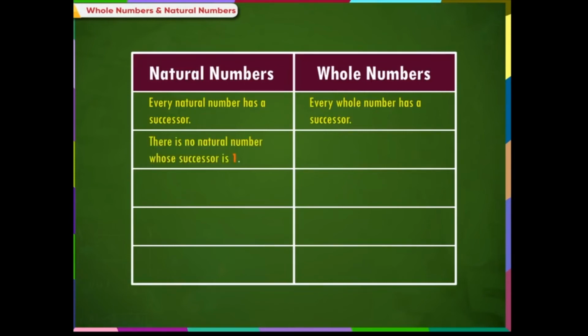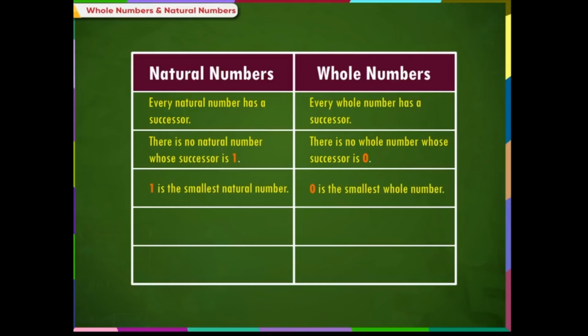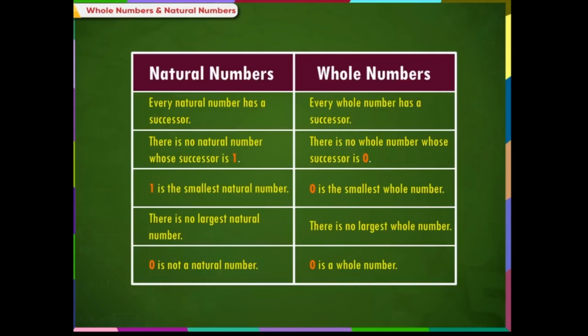There is no natural number whose successor is 1, and there is no whole number whose successor is 0. 1 is the smallest natural number and 0 is the smallest whole number. There is no largest natural number and similarly there is no largest whole number. 0 is not a natural number, but 0 is a whole number.